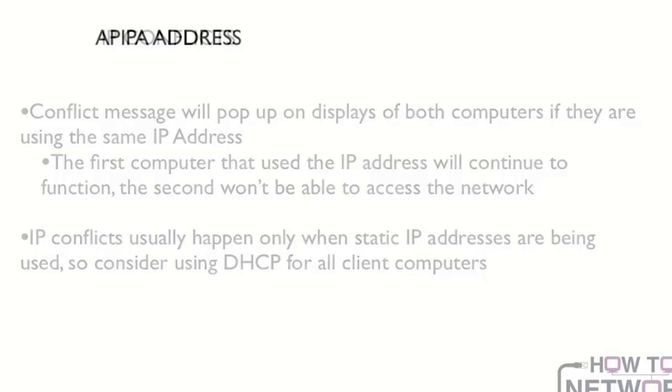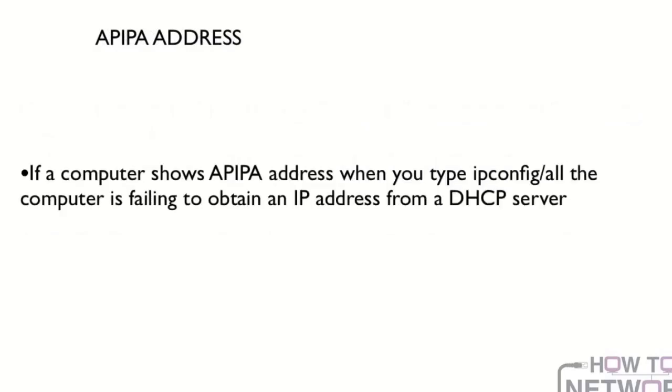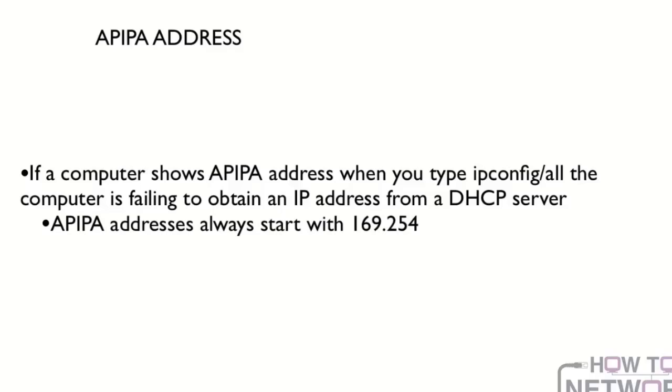Now, if you're getting an APIPA address, this is generally the same as no connectivity. If you get that APIPA address when you type in ipconfig or ipconfig /all, then you're failing to get an IP address from a DHCP server. So what are our problems? By the way, remember, APIPA addresses always start with 169.254.